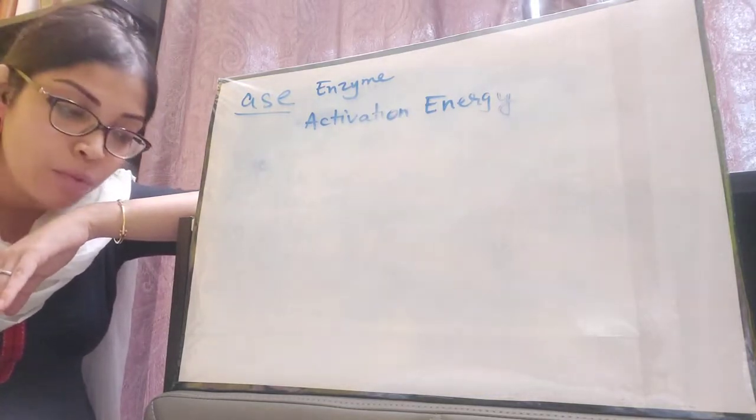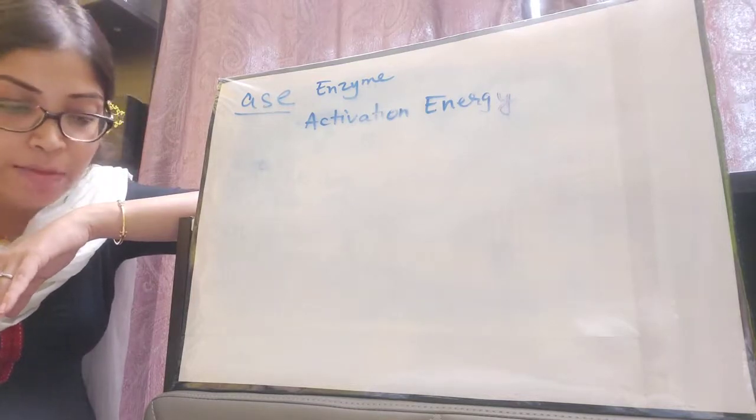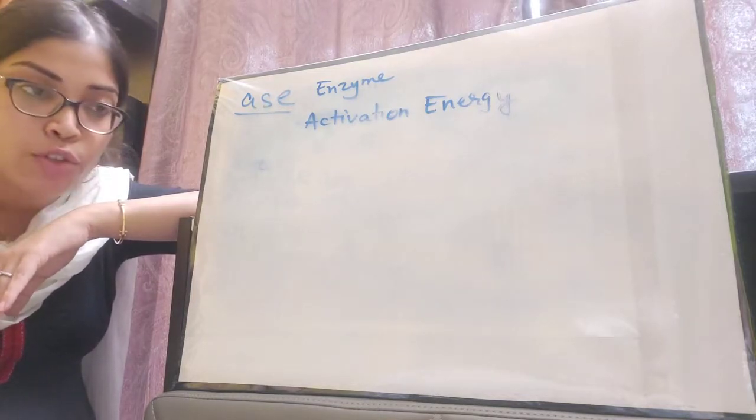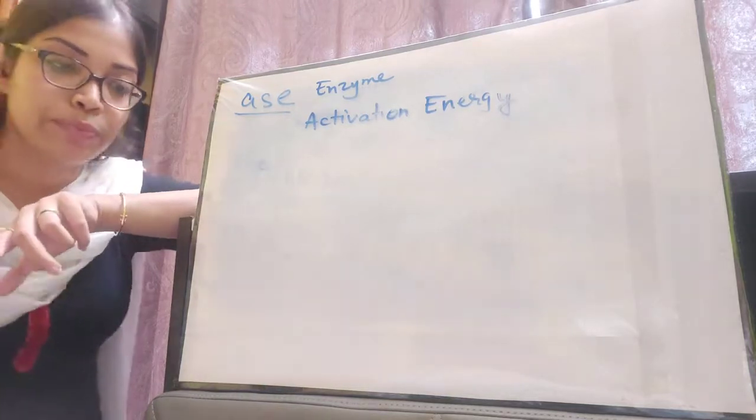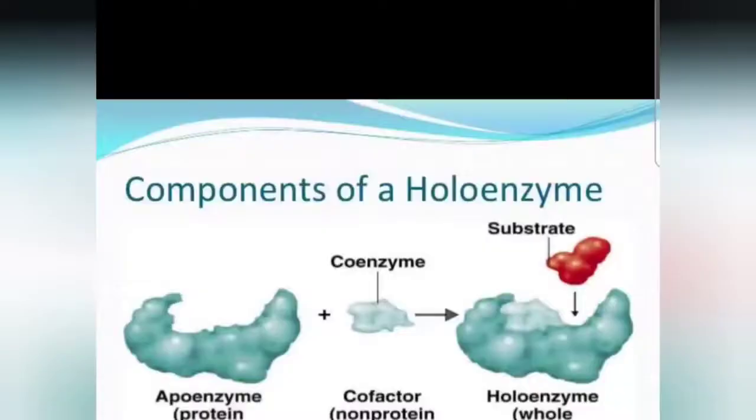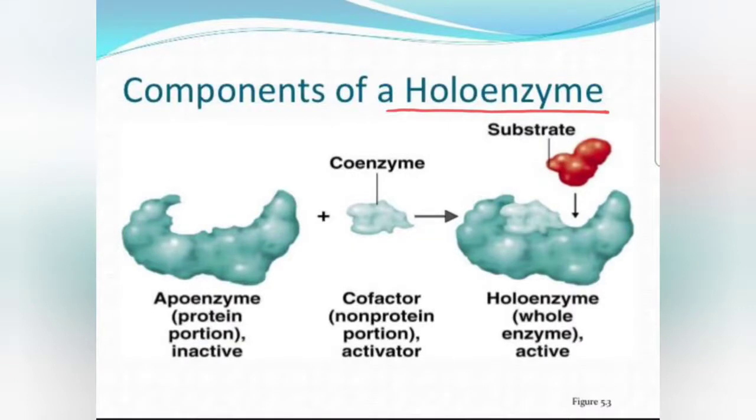Now we come to the chemical nature of enzyme. For that I am going to show you a slideshow. So these are the components of an enzyme, as you can see, but you have never come across this term holoenzyme.